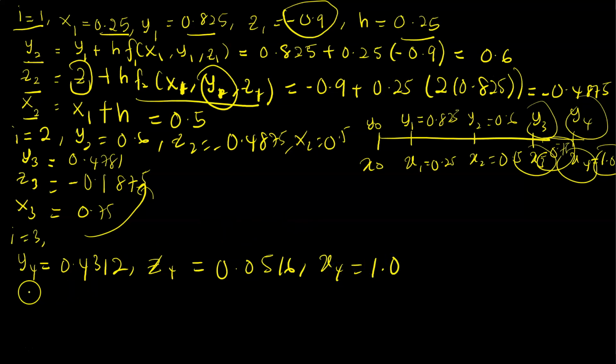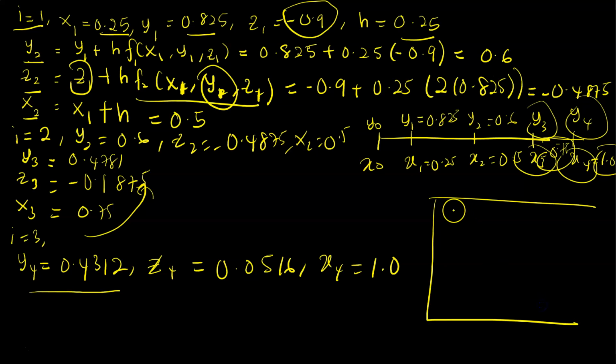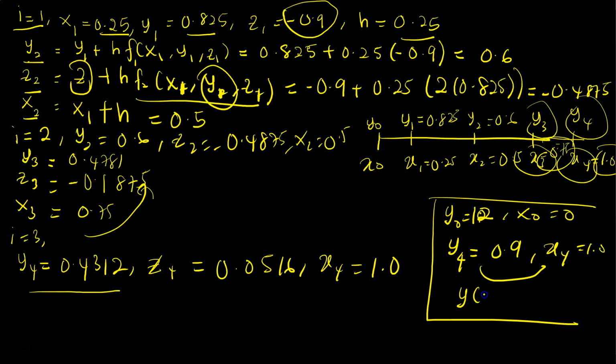This is the important part, because in the question you have the boundary conditions: y at x equal to 0 is 1.2, and y at x equal to 1.0 is 0.9. That is the actual solution.